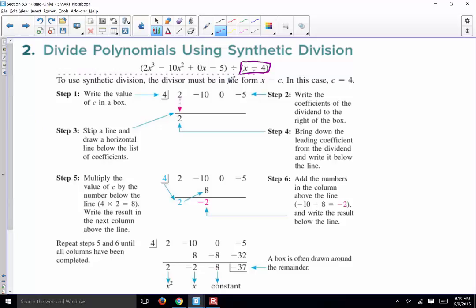I just took the example from your book, and let's first analyze this solution and see how they built this method. First, you take this number right after x, flip it and put it here. Flip the sign. Extremely important. Don't take -4 here, but the opposite sign, +4.